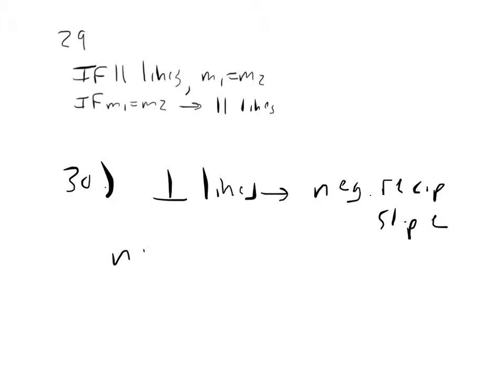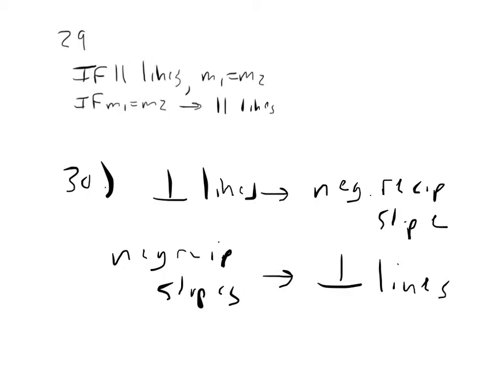And if you have negative reciprocal slopes, then you get perpendicular lines. So there's a part A and a part B for each of those two problems, 29 and 30. And those are some proofs on, again, parallel lines having the same slope and perpendicular lines having negative reciprocal slopes.